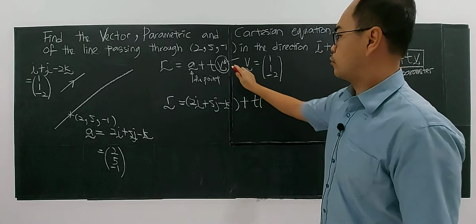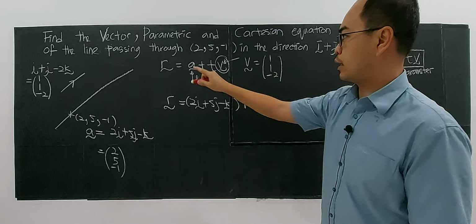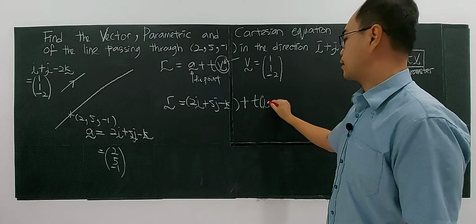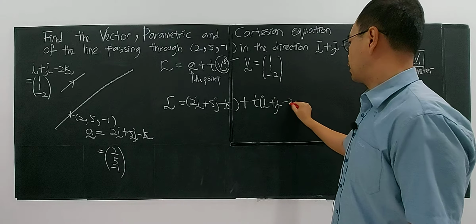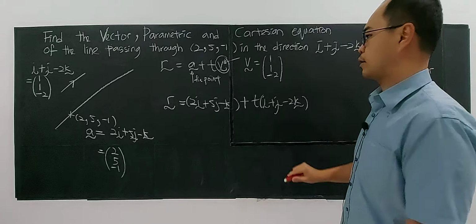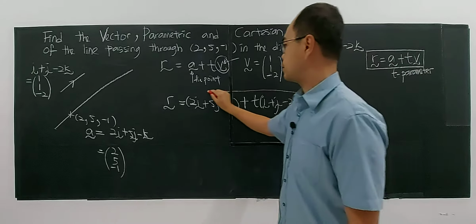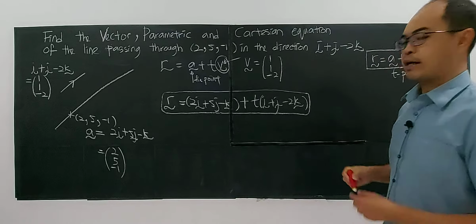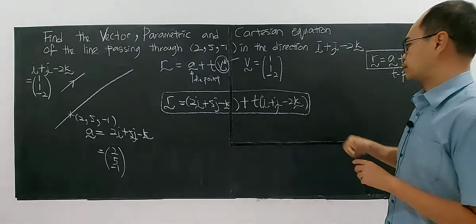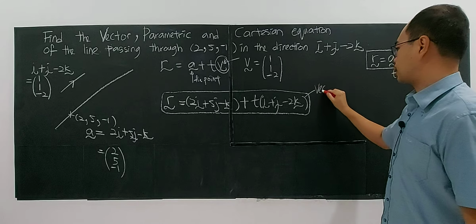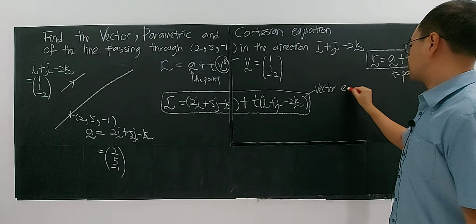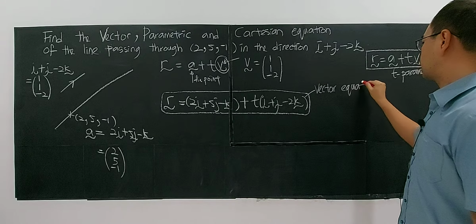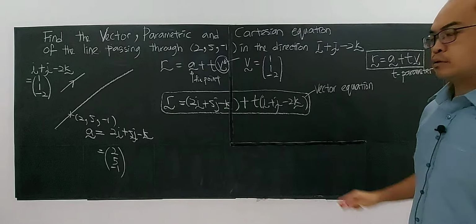The direction vector here will be i plus j minus 2k. This equation we name the vector equation of this straight line. This is the vector equation in vector form. Can you see that?